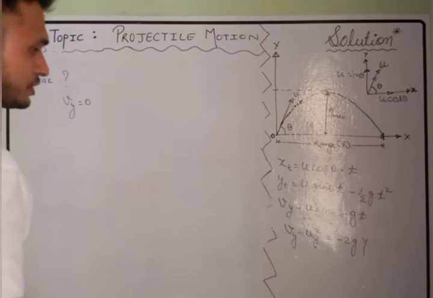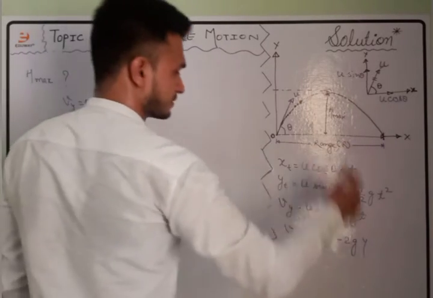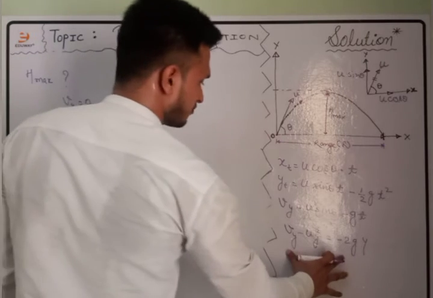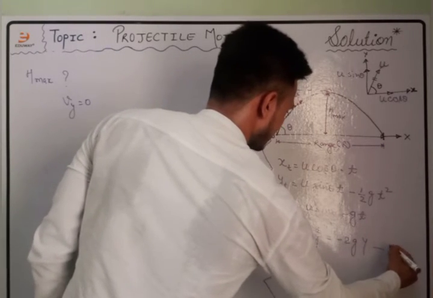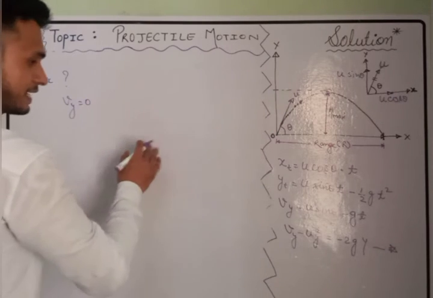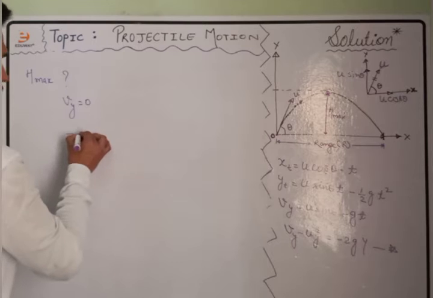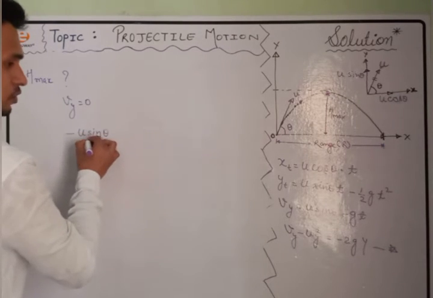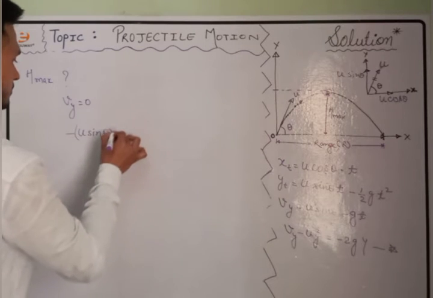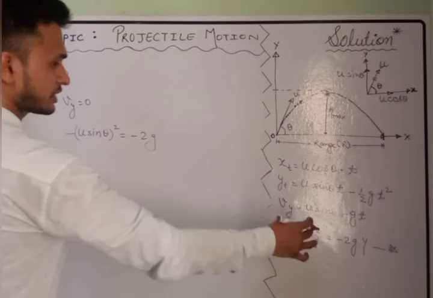And since Vy will be 0, and we need to find the maximum displacement, that is y, we will use the third equation directly. So by using this equation, we get minus Uy, what is Uy? U sine theta, squared, equals minus 2g, and what is y?